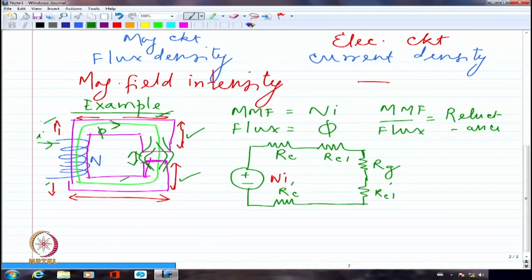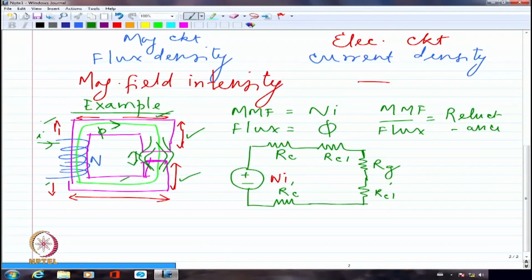Because the flux density for a given material is kind of fixed. That is the maximum flux density I am talking about. The maximum flux density for a given material is limited by a certain value. So, if I say that for iron it is something like 1 or 1.2, for air it will be much less than that, maybe 1.2 divided by 3,500 or something like that. That is how it is going to be.